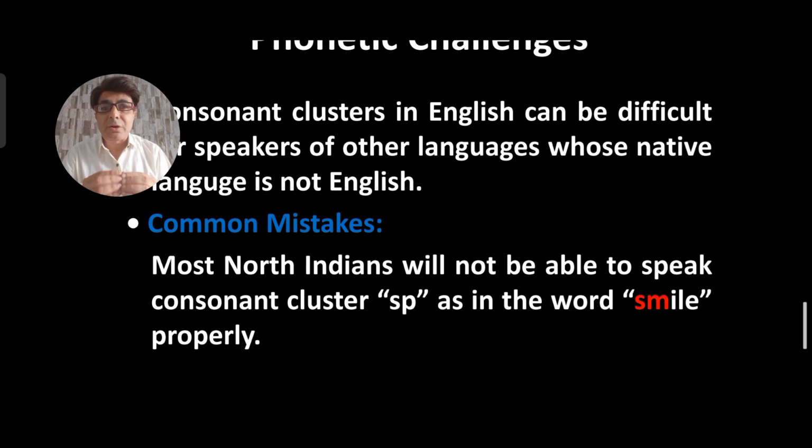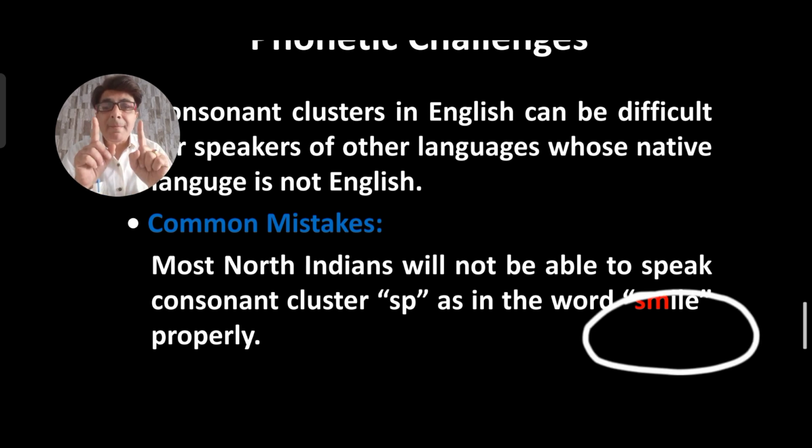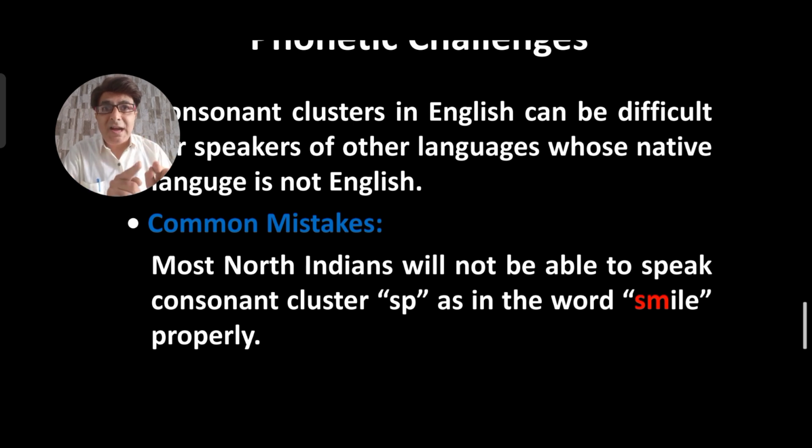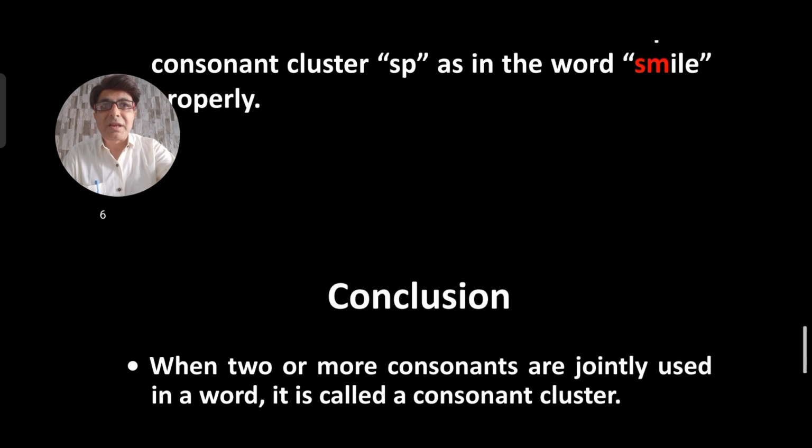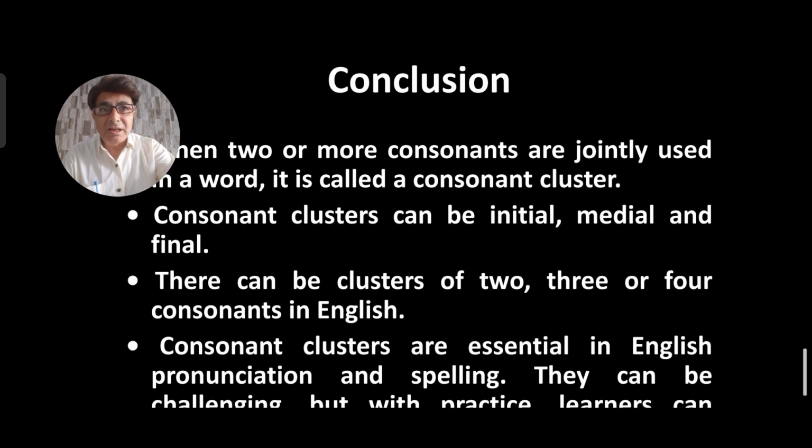So some people might find it difficult to speak the word smile properly. Instead of smile, they speak it differently. So this is actually a challenge, a difficulty faced by some of the non-native speakers of the English language.